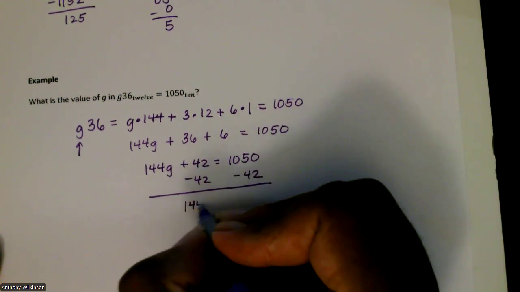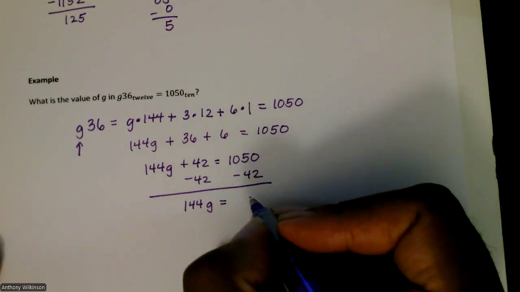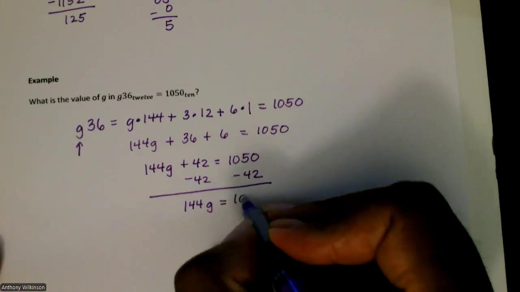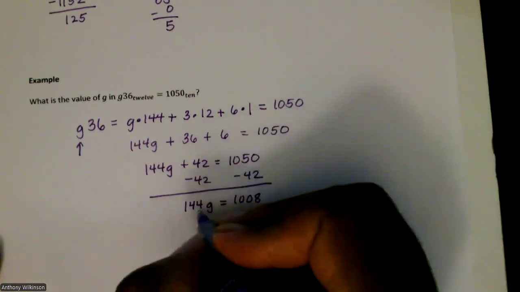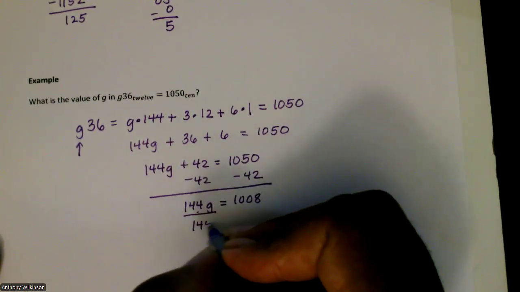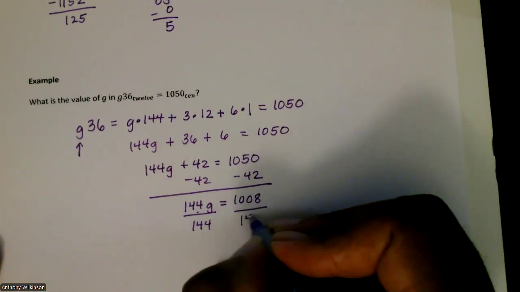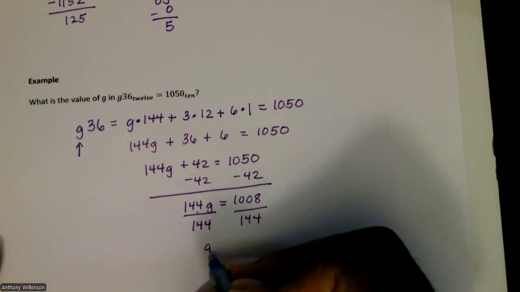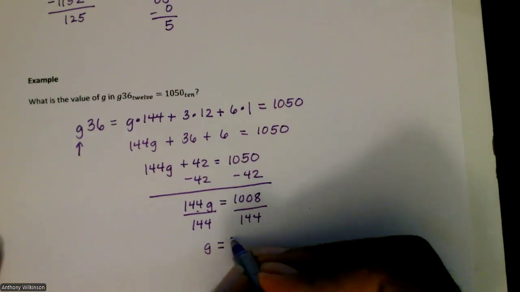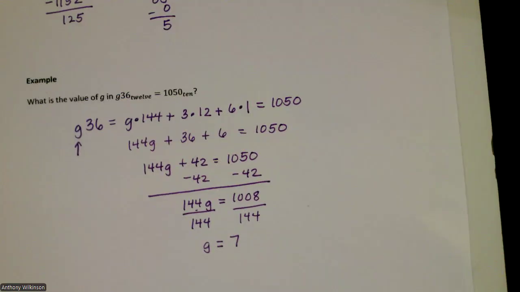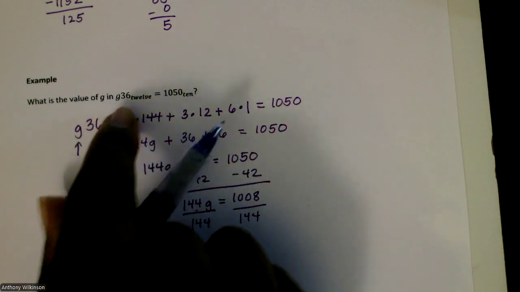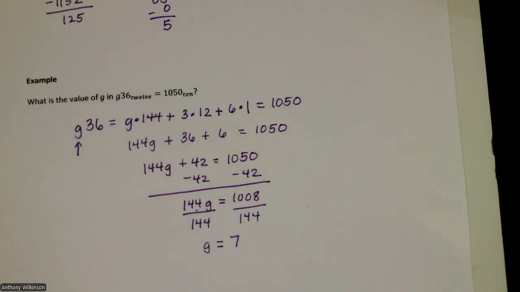So that means 144G would be equal to 1008 from 1050 minus 42. And we're multiplying G by 144, so we have to divide both sides by 144. So that means G then will be equal to 7. So the value of G in G36 base 12 equaling 1050 will have to be the 7. So that means 736 base 12 will give me 1050 as a base 10 numeral.